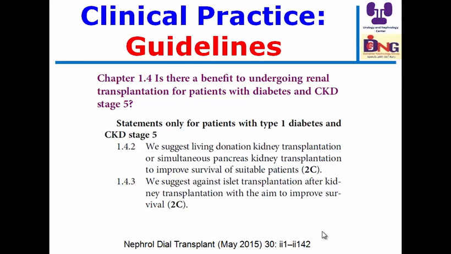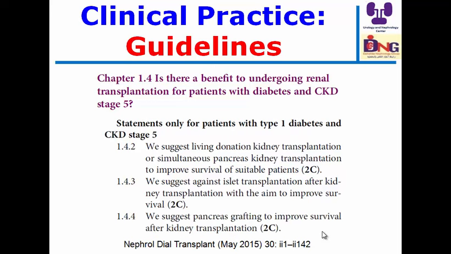Why suggest against islets? Because to have islets, we should harvest them from multiple donors, the technique is not easy, and then the patients need immune suppression. So at the end of the day, islets are not so practical because the survival of islets is not satisfactory.